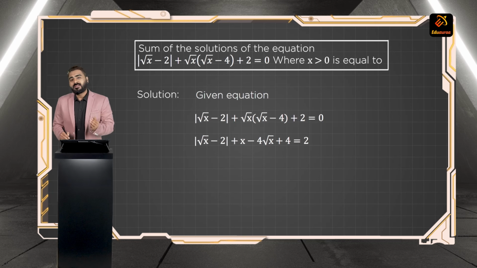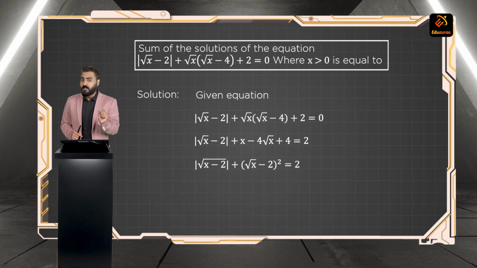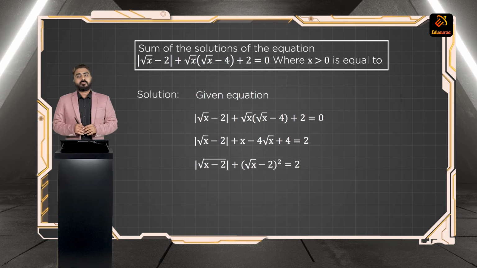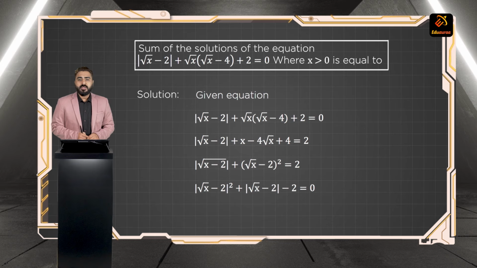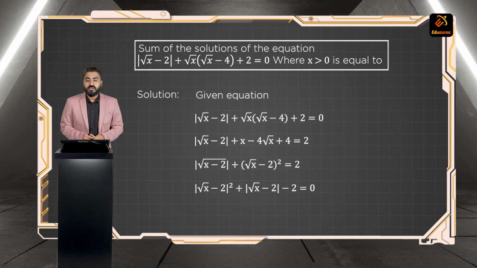So the next step of this equation will become mod of root x minus 2 plus root x minus 2 whole square equals to 2. Now students, how to solve this further? So we will write this further as mod of root x minus 2 whole square plus mod of root x minus 2 equals to 0.